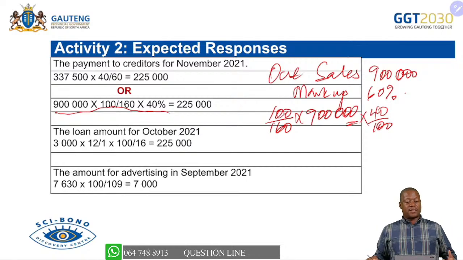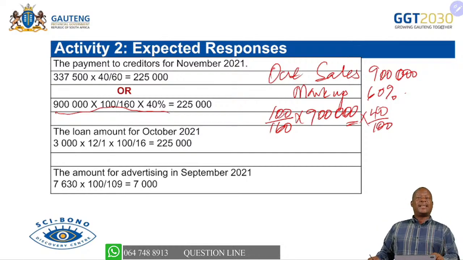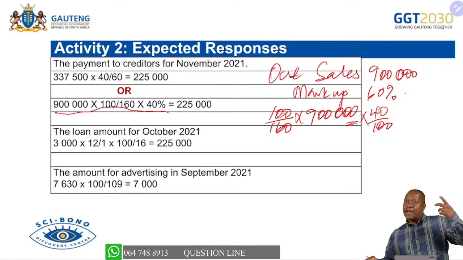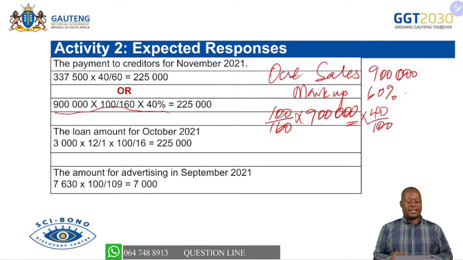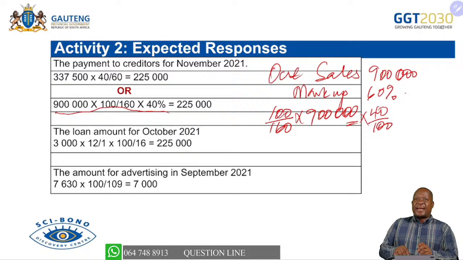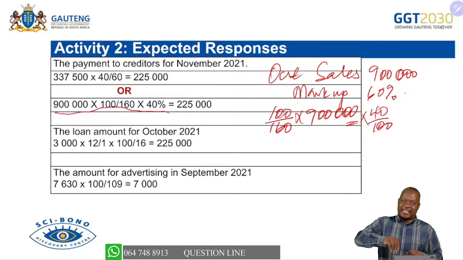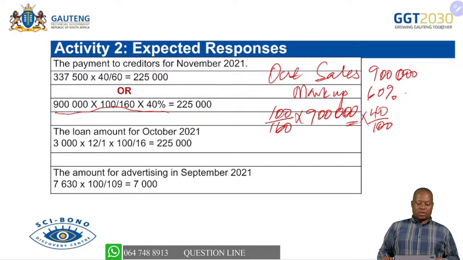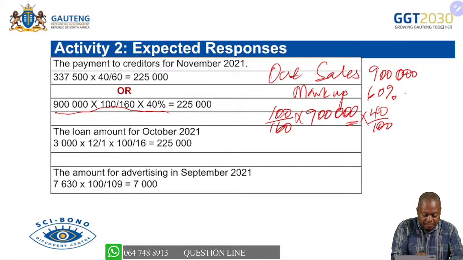In other words, we could have done it using our cash purchases, which are indicated also, and we know what percentage the cash purchases are. So if we take the cash purchases, which is indicated here, this is our 60%, because cash is 60%.